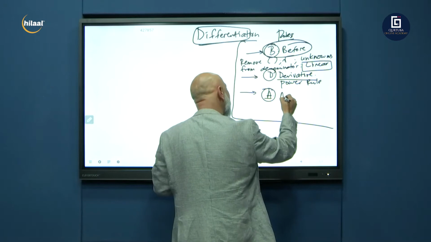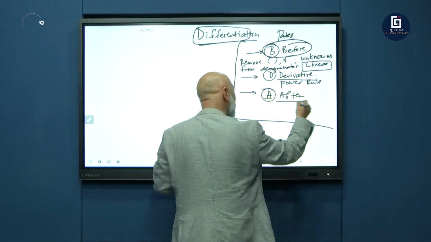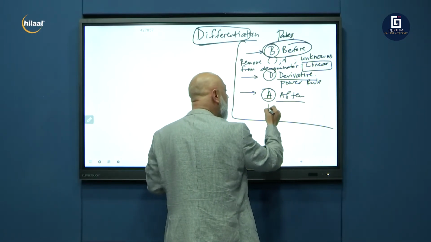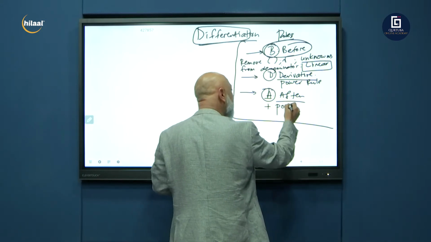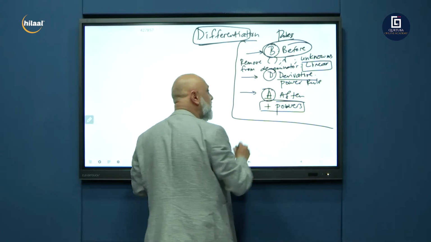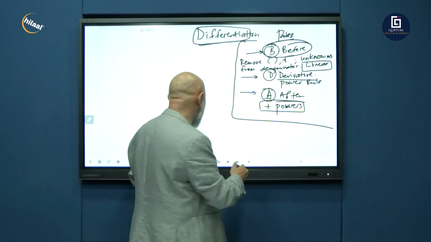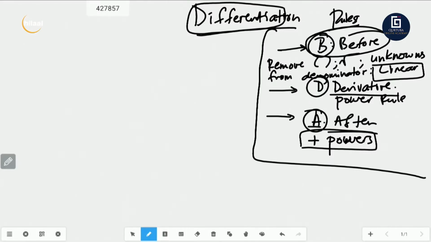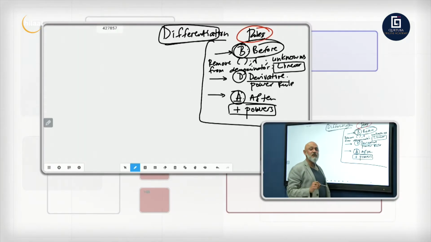So this is the after. A for after. You want to write your answer with positive powers. So these are our rules. Guys, these are the rules of this game. It's called the assassination rules of differentiation. Right? So finding the derivative, you're assassinating. Think about it. Just picture the whole scene.